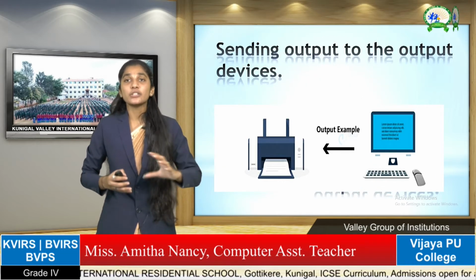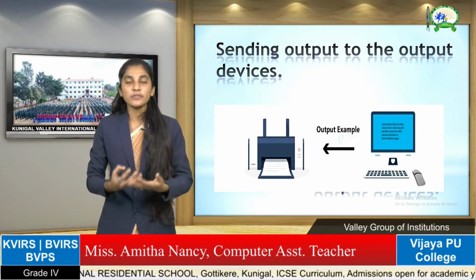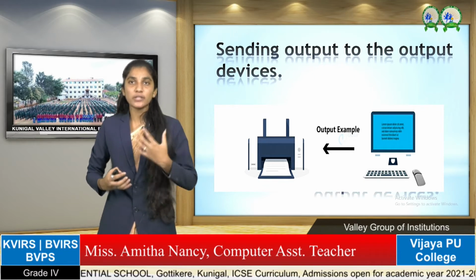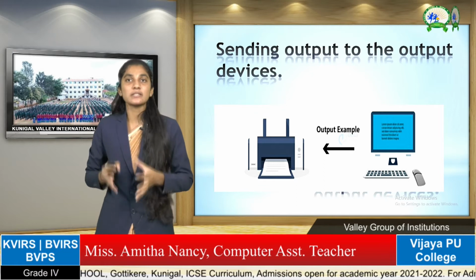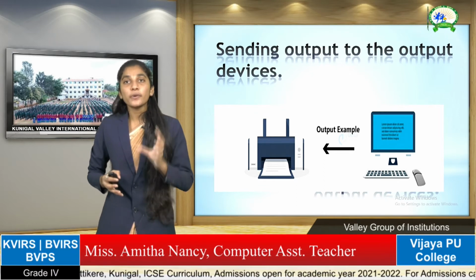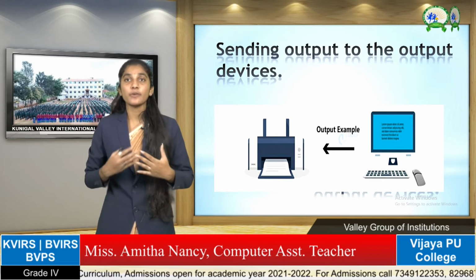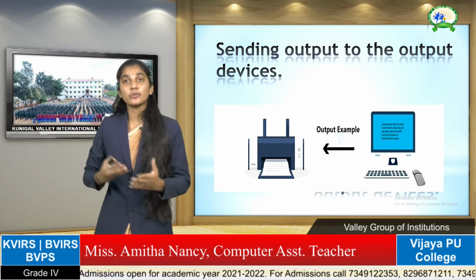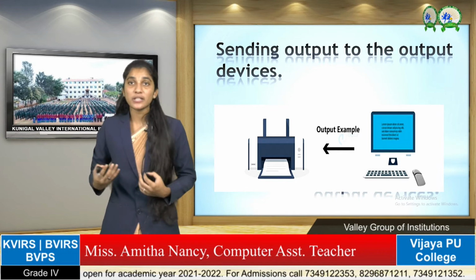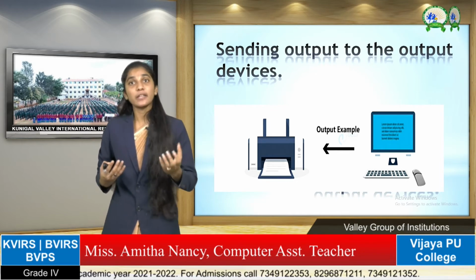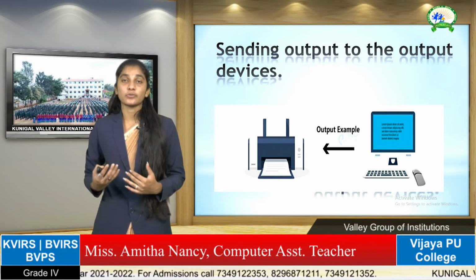Next, it should give the output. When we give input to the computer, we have to get the output after the processing is done, right? So the operating system will give the output to output devices like the printer. If I want anything on paper, I will get it from the printer. First I have to select the printer name and then I will get the printout.